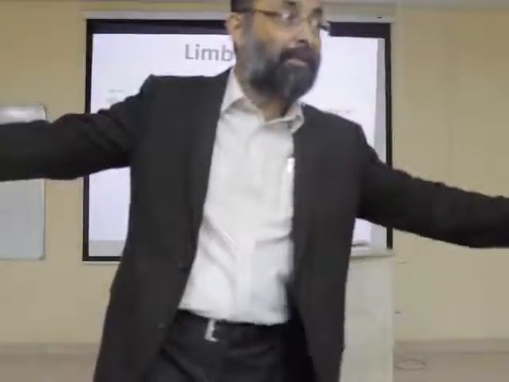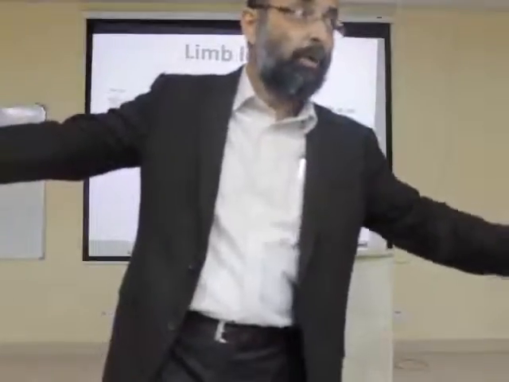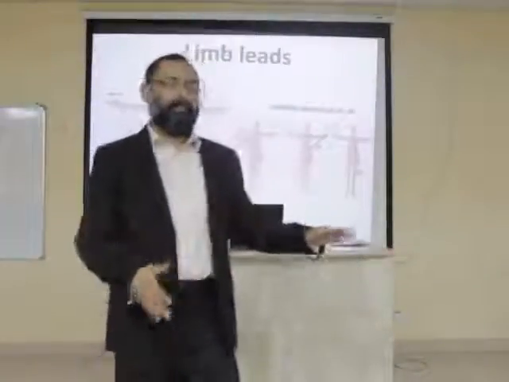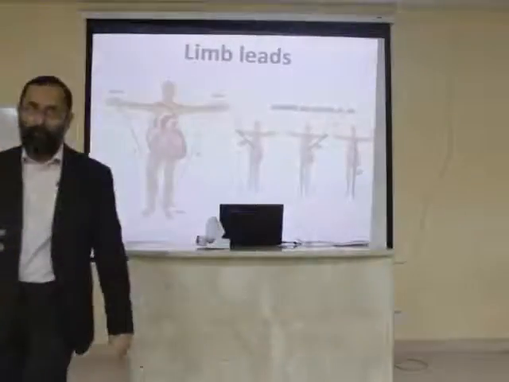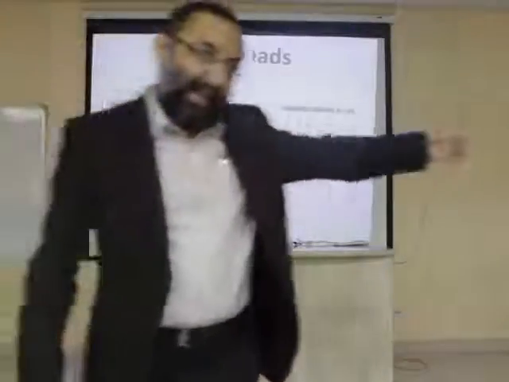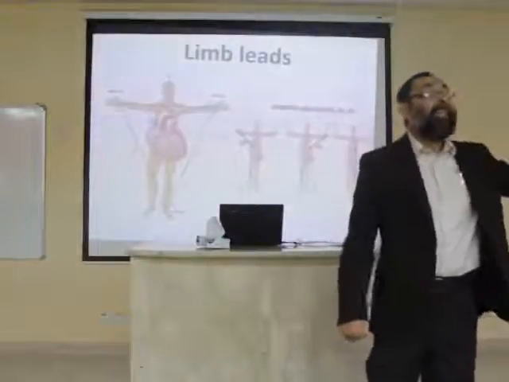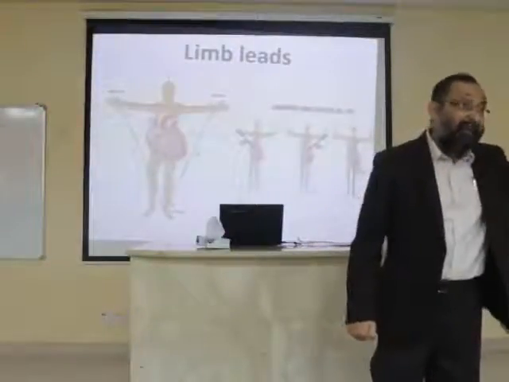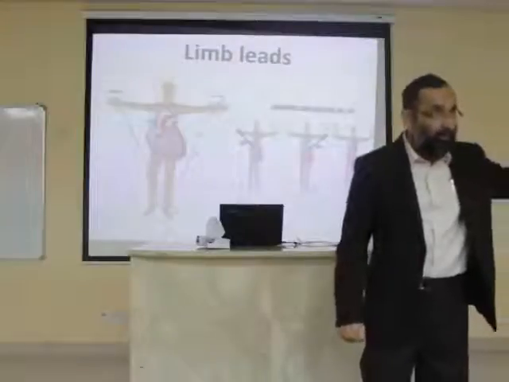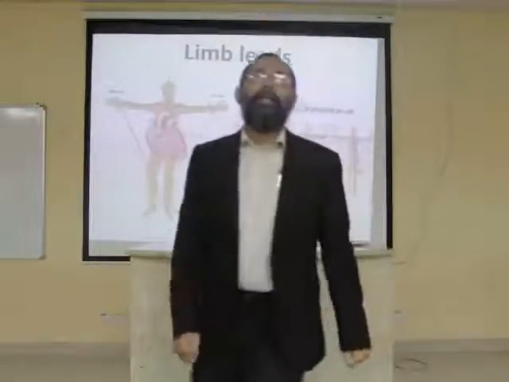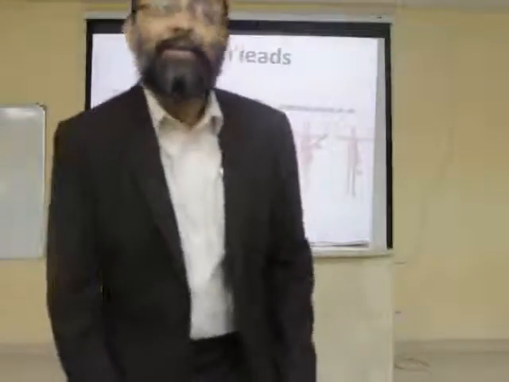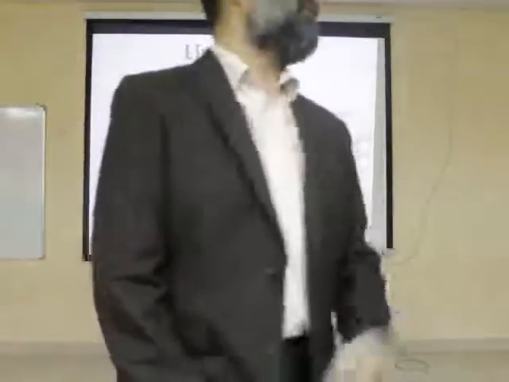In these lead systems, right arm is always kept negative. Left leg is always positive in the bipolar lead system. True. Left arm is positive in case of lead 1 and negative in case of lead 3. True. Right leg is not used for making the limb leads. True or false?